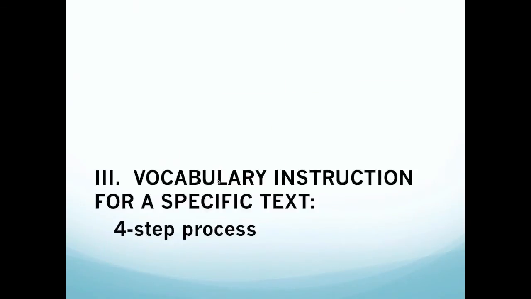Okay, the final part of this webinar series has to do with what we do when we're teaching a specific text. So what I've been describing here is developing a stance toward names, developing morphological knowledge. I also talked about developing concept knowledge that's part of literature through picturable sets of words.